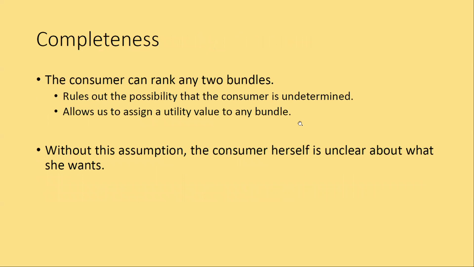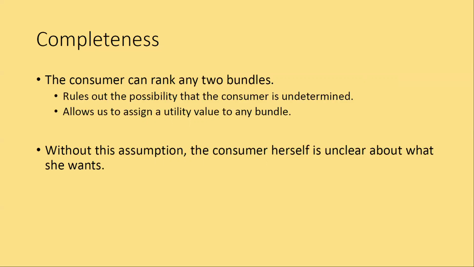The first one, completeness, rules out the possibility that the consumer is undetermined between two consumption bundles. So under this assumption, a consumer can always rank any two bundles.